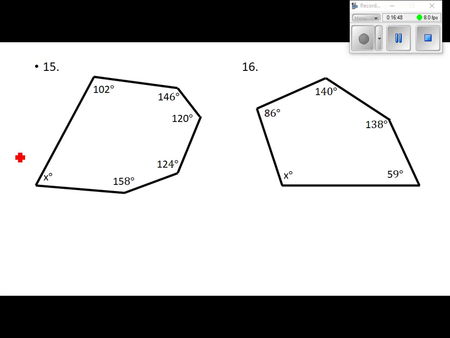Sorry, I had to look it up. Wait, how many sides is the first one? 6. I was listening to what Alyssa was saying and confused myself.